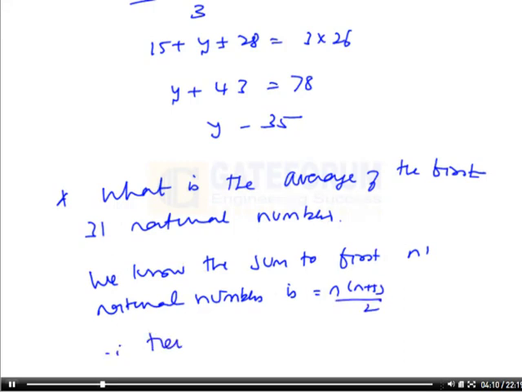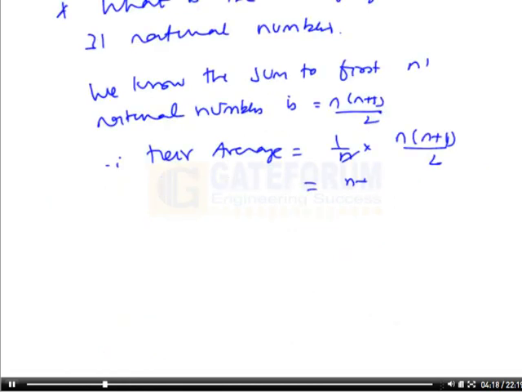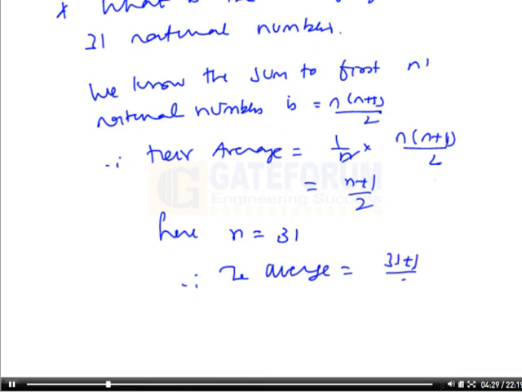Therefore, the average is 1 by n into n into n plus 1 by 2, which will be n plus 1 by 2. Here, n is equal to 31. Therefore, the average is 31 plus 1 by 2, which will be 16.